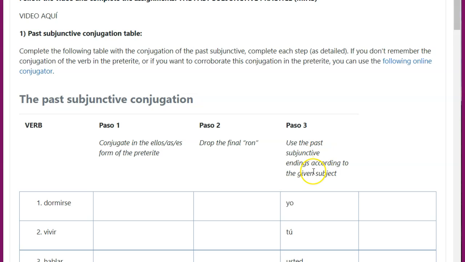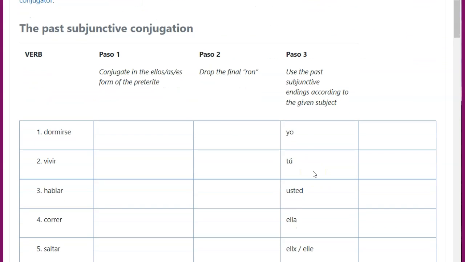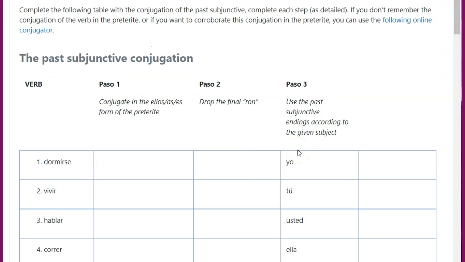And then you're going to use the past subjunctive endings according to the given subject here to conjugate the verb in the past subjunctive. So for example, the verb dormirse, you conjugate it first in the ellos form of the preterite, so you have se durmieron, then you drop the RON and you have the stem for the past subjunctive, and then because I'm giving you here the subject, you have to add the past subjunctive endings of the yo form.